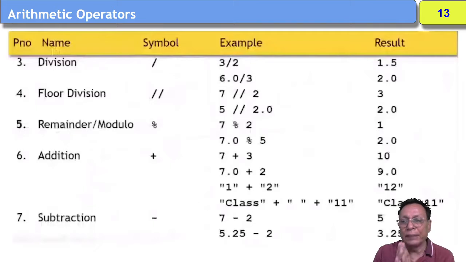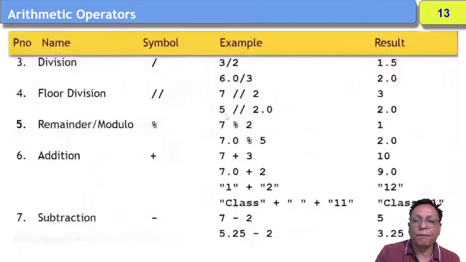Floor division truncates the decimal value and gives the quotient nearest to the integer, less than or equal to it. So 3.5 should come, but when you use floor division, rather than 3.5, it will give you 3 only. So here 3 // 2 will give you 3.